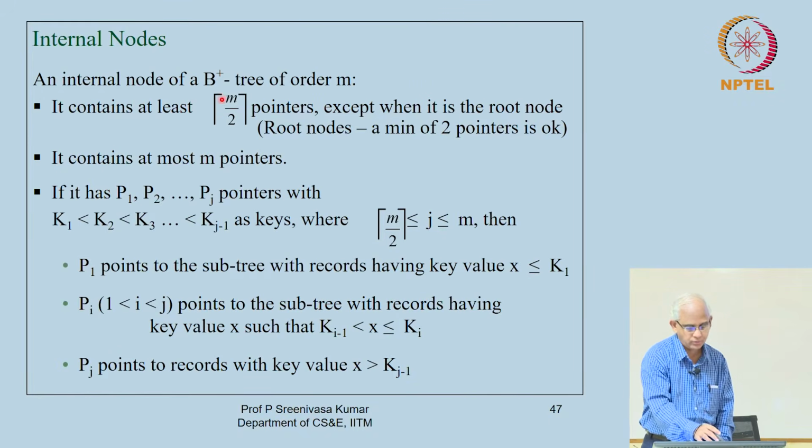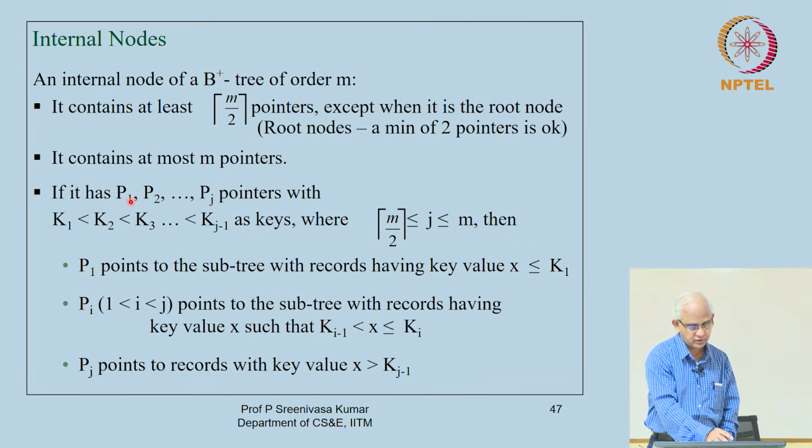So, here is all that information. An internal node of order m will have at least m by 2 number of pointers. We give an exception for the root node. The root node is allowed to have just 2 pointers, and it contains at most m pointers.